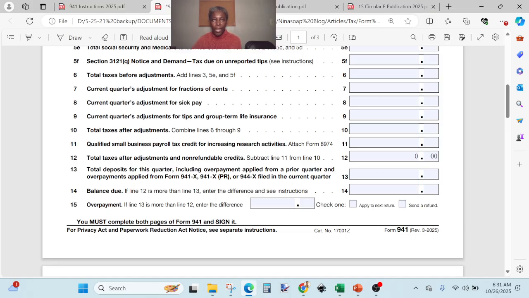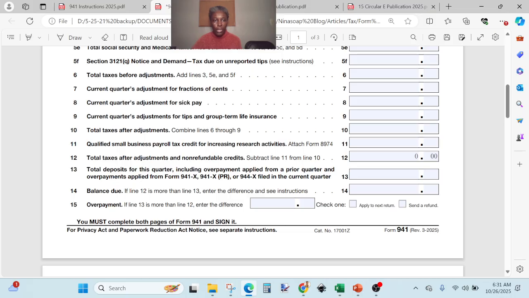If your total liability on line 12 is less than what you deposited during the quarter, the IRS owes you money, a refund. But since we assume you didn't make any deposit, because you didn't pay any wages to withhold tax or for your business to pay Social Security or Medicare tax on, line 13 is 0. Therefore, line 14, which is line 12 minus line 13, is going to be 0 and remain blank as well.